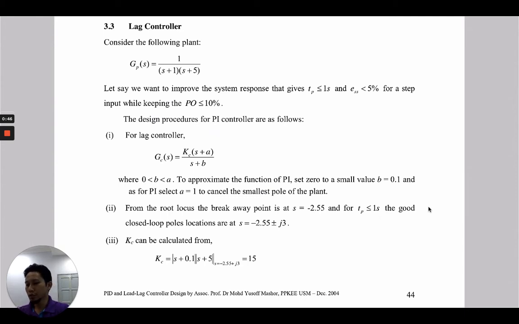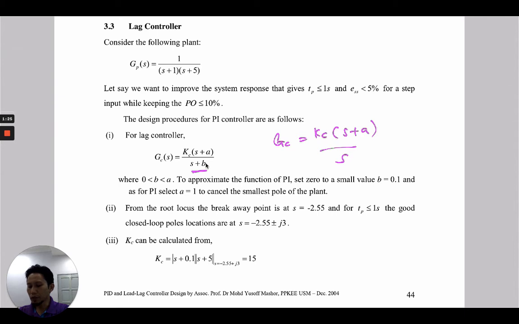You could remember that for the PI controller, we have GC for PI equals KC (S plus A) over S. But for the lag controller, we have another term here, which is S plus B. In this case, the B value is greater than 0 and less than A.